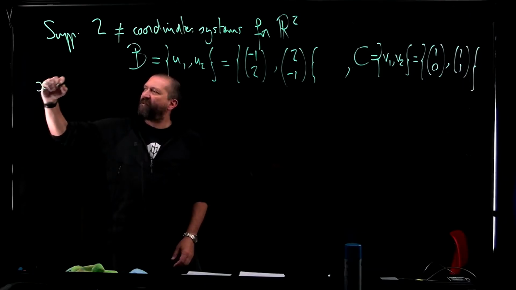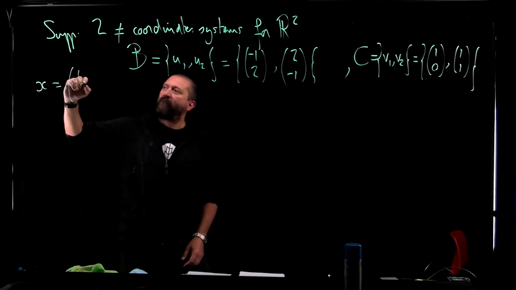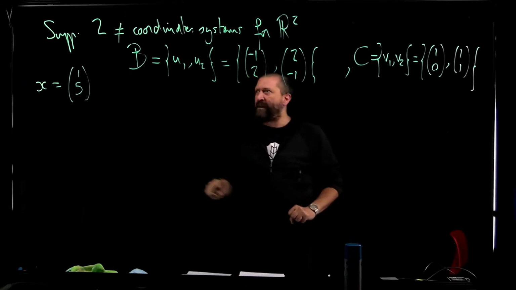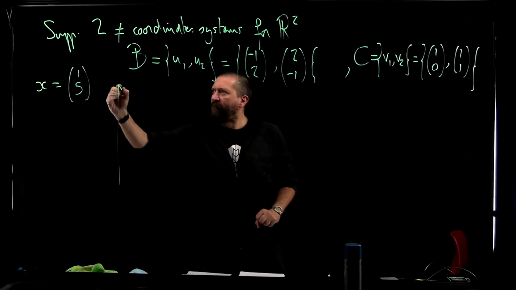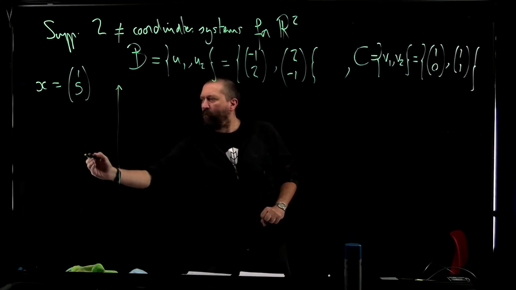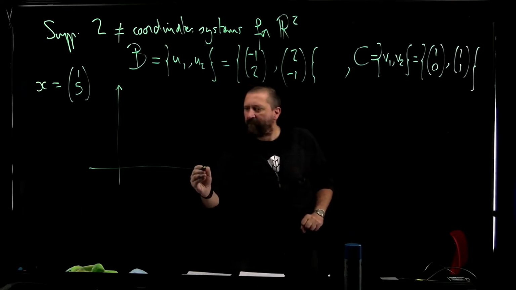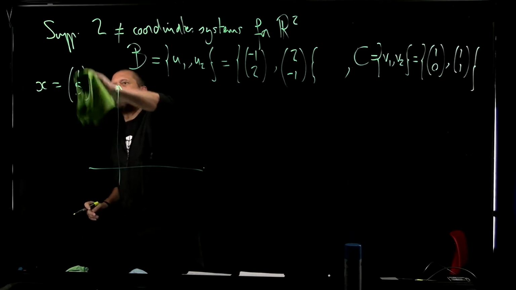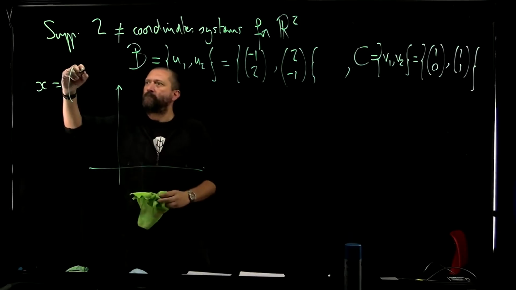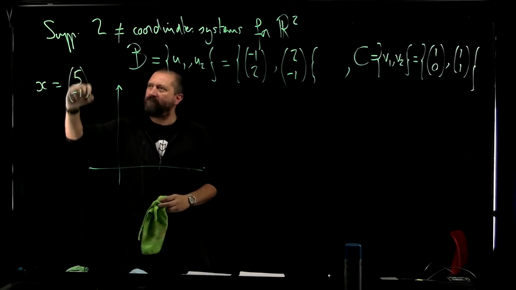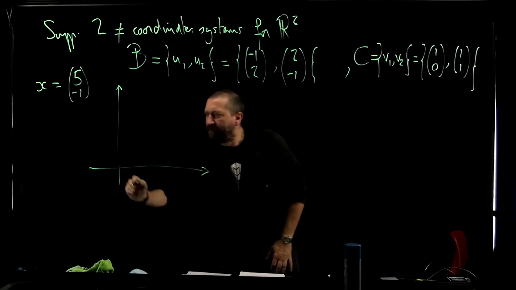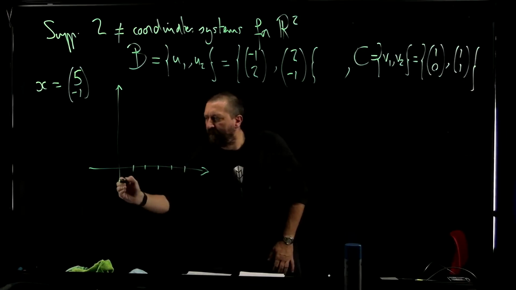So let's call x the point or vector (1, 5). Sorry, so (5, -1) is the vector that's 1, 2, 3, 4, 5, and -1.